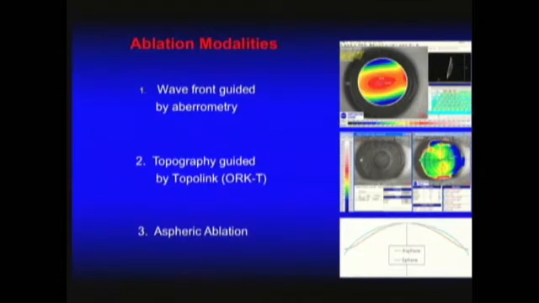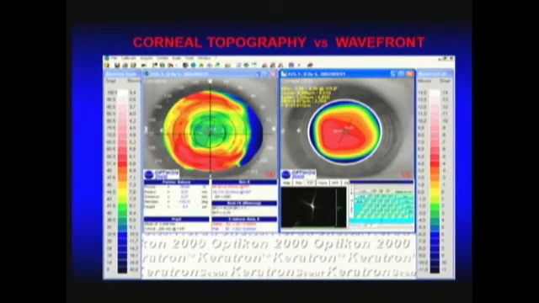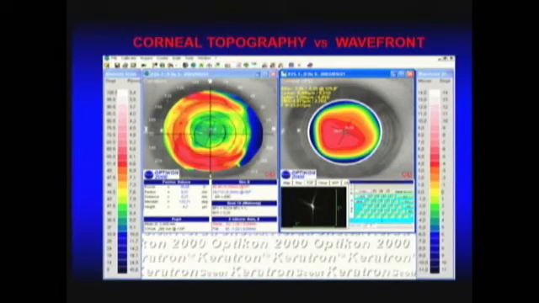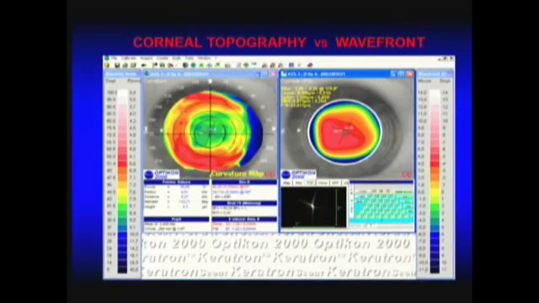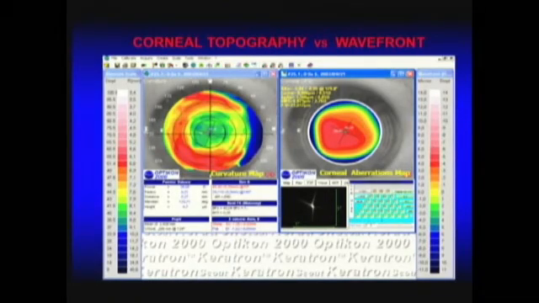Right now, when I left, we were doing about 90% of the patients with aspheric ablation, maybe 6 or 7% with topography guided, and very few cases wavefront guided. So we have two different modalities here: ablations guided by the curvature map or by the corneal aberration map.